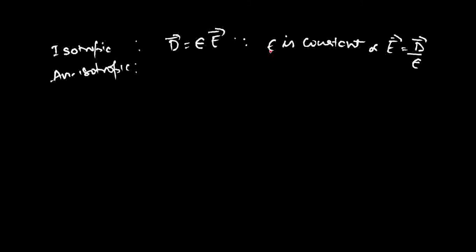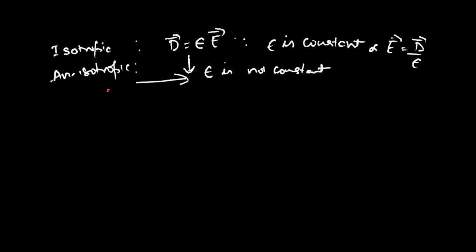In isotropic materials, epsilon is constant. It is a number like 3 into epsilon naught or 4 into epsilon naught. While for anisotropic materials, since the properties of the material are not constant in all directions, even though we write D is equal to epsilon E, do remember that epsilon is not constant in this case. Epsilon is not constant for anisotropic materials. That means it is not the same in all directions.